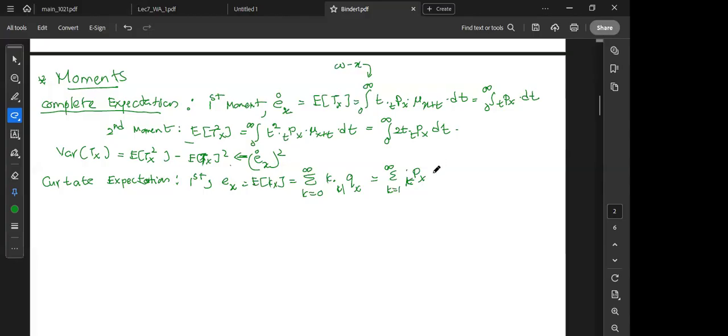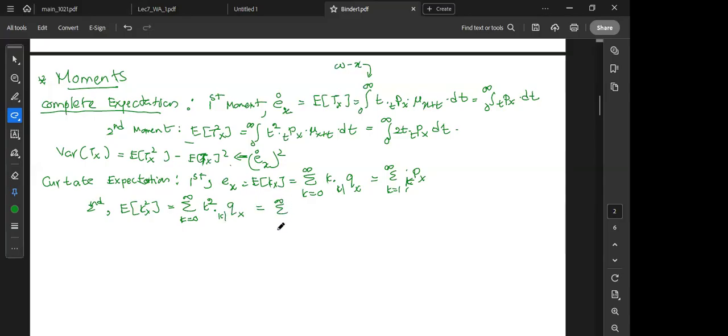So now you can see the similarities: in here also we are integrating, in here we are taking the summation. The integral starts from 0 to infinity, the summation starts from 1 to infinity. So that is the difference. And in a similar way, we can have the second moment, which is the expectation of K_x to the power 2. The definition says, again, k starts from 0 and goes to infinity, and since it is the second moment, we have k squared. And the probability is that a person at age x survives for k years and death occurs in the next year.